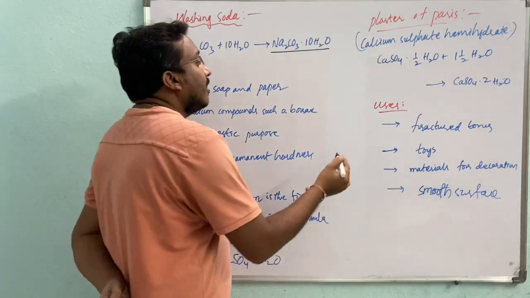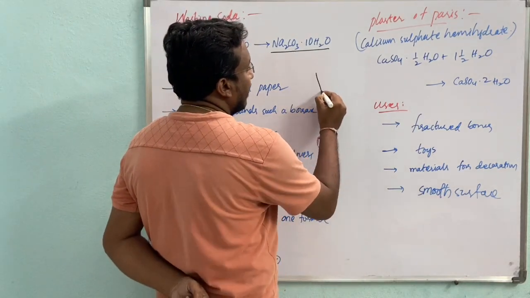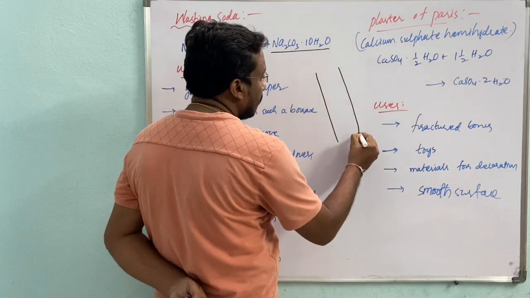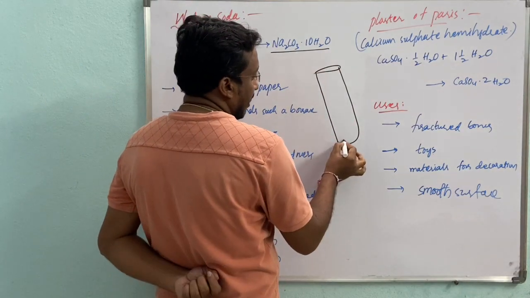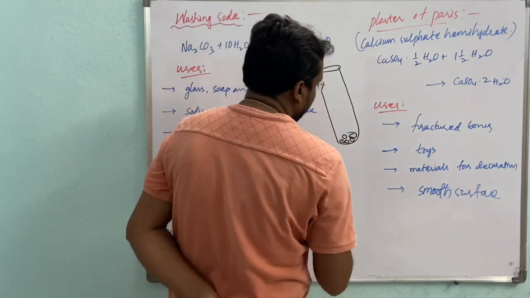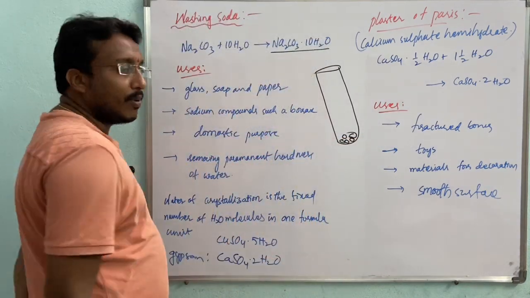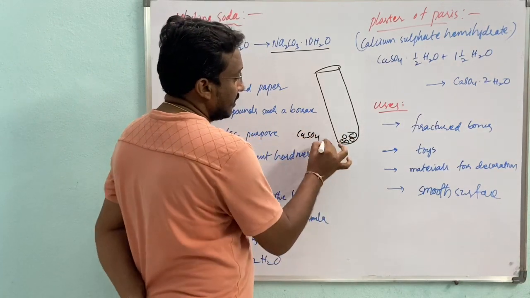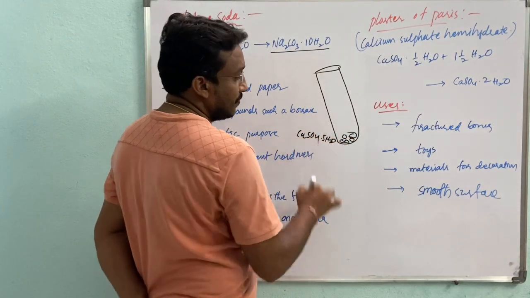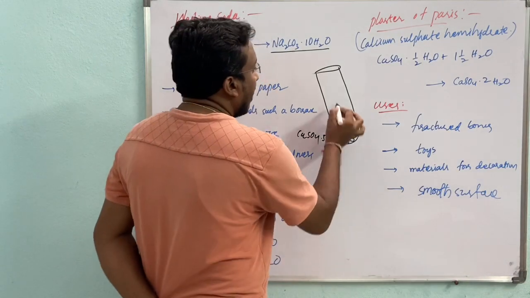Here you can do one simple activity. Take a test tube, and take small crystals of copper sulfate, that is CuSO4·5H2O.